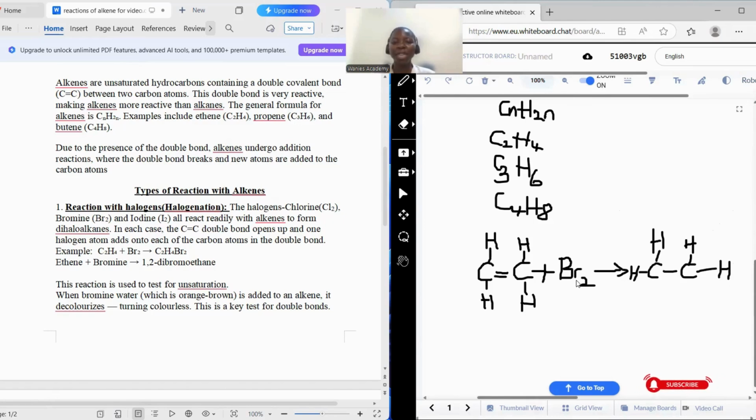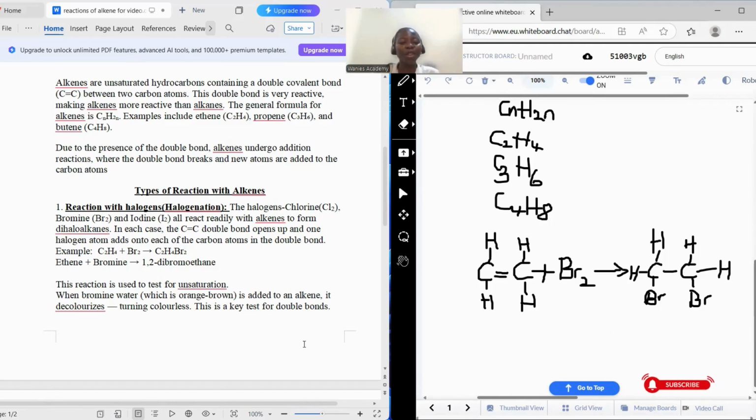So we're left with bromine. Since the double bond has broken into a single bond, the bromine atoms get attached to the carbon atoms, giving us the final product. The name of this is 1,2-dibromoethane, the corresponding product of ethene.